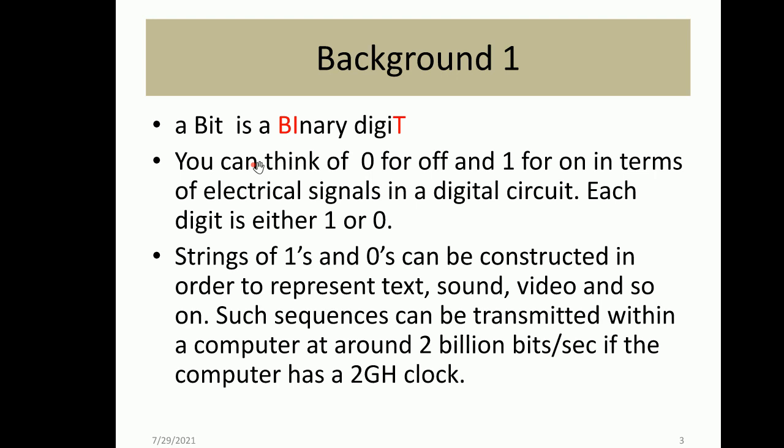Each binary digit has got to be 1 or 0. There's nothing in between. Exactly one of the following holds: it's either a 1 or it's a 0.